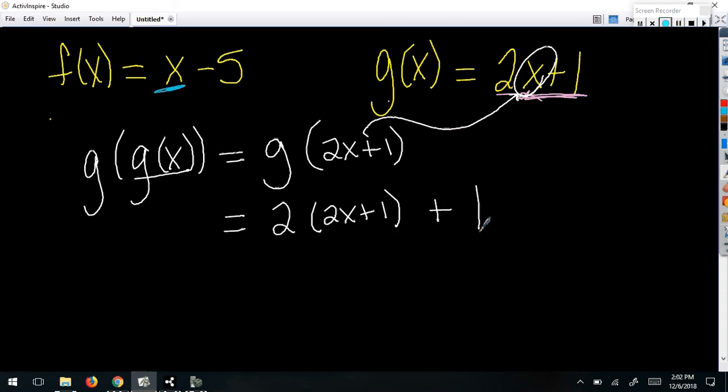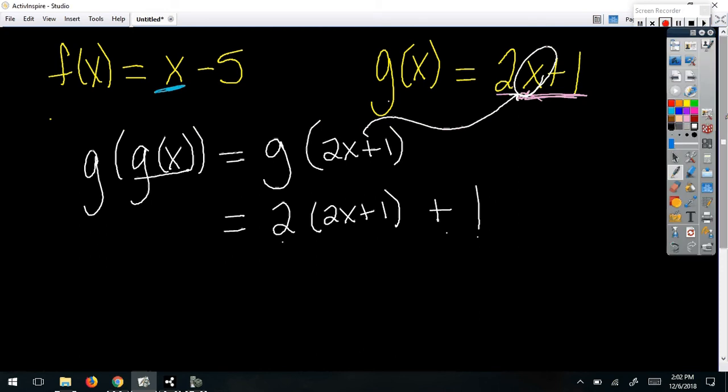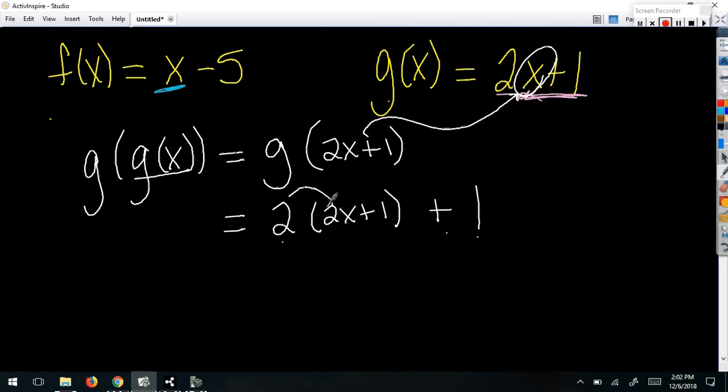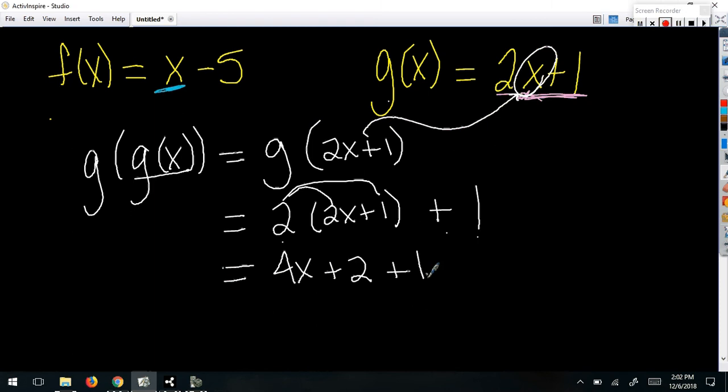Can you still see the g equation in here? 2x plus 1. X is the only thing changing, and whatever's in parentheses is what you're changing it to. Distribute, because you do have to simplify. 2 times 2x is 4x plus 2. The plus 1's still out there. Gather your like terms together.